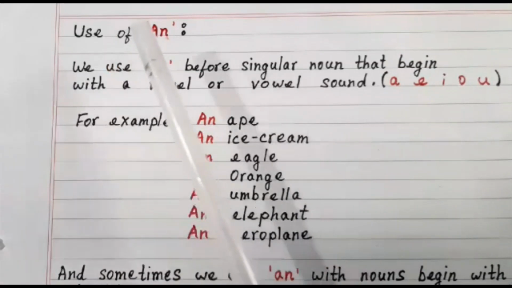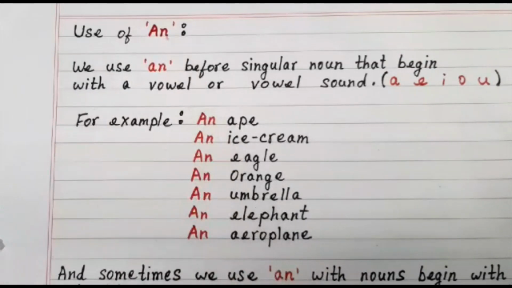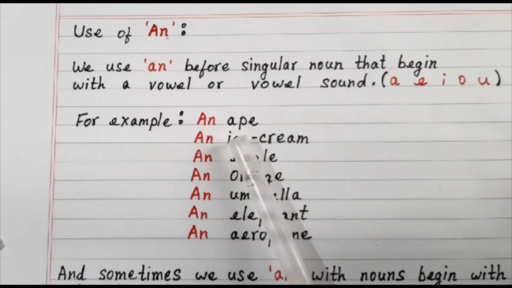Let's begin with article an. Children, now listen carefully. When a word starts with a vowel, or more specifically with a vowel sound, we use an before such words. For example, ape. The word ape starts with the vowel a, having a vowel sound, and we pronounce it ape.